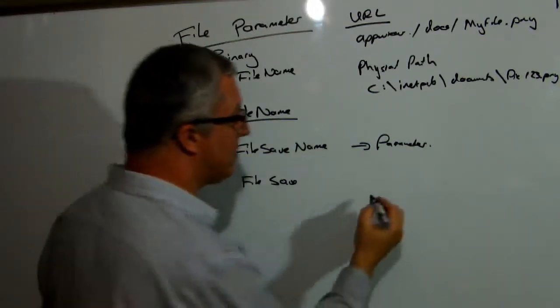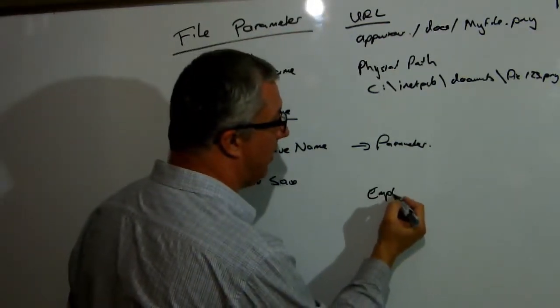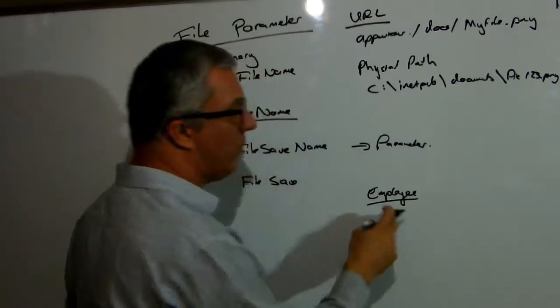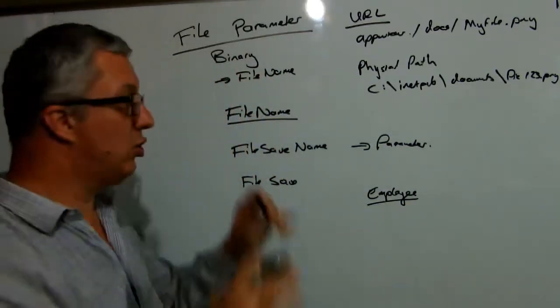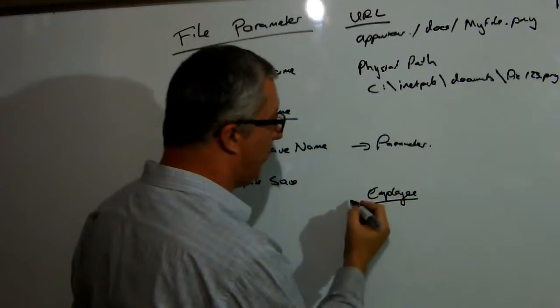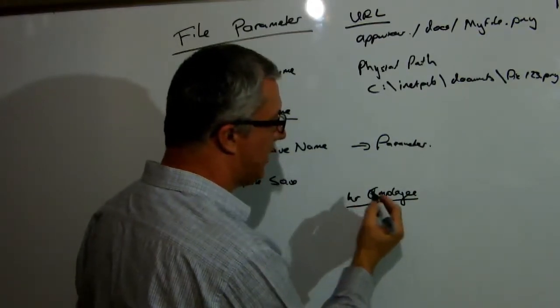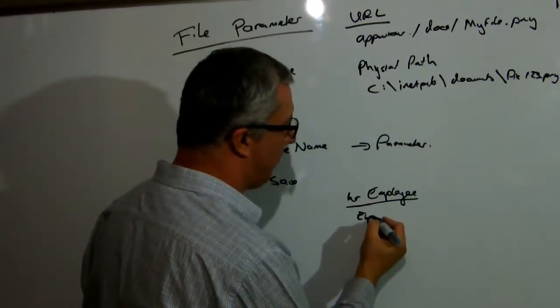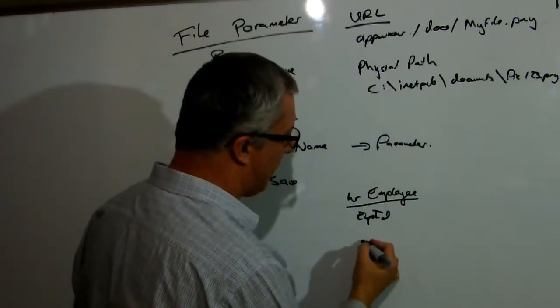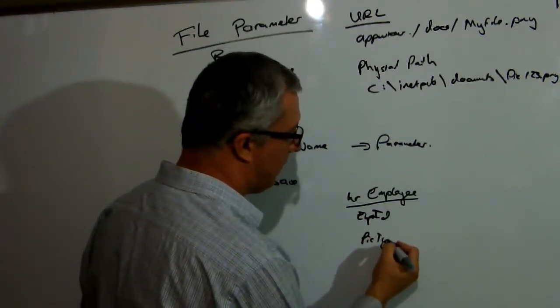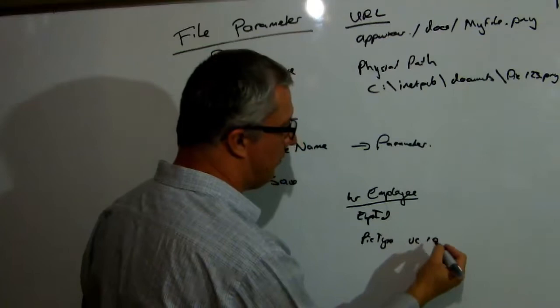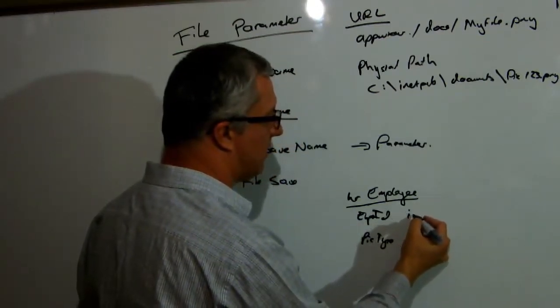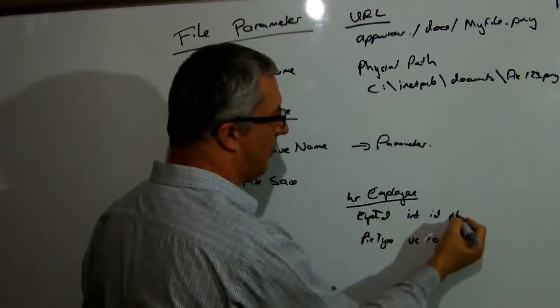So let's say, for instance, I've got an employee and I want to link the employee's picture to a specific table. In my employee HR employee table, I will have an employee ID and I will have a pic type, which is a varchar 10 for instance, and that will be an int identity primary key.